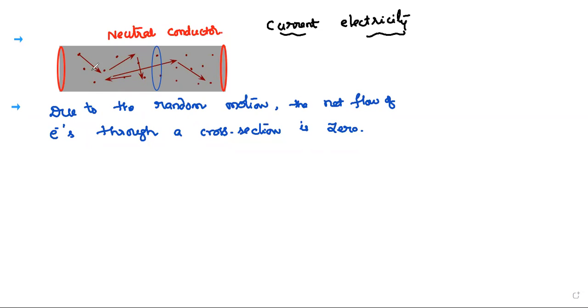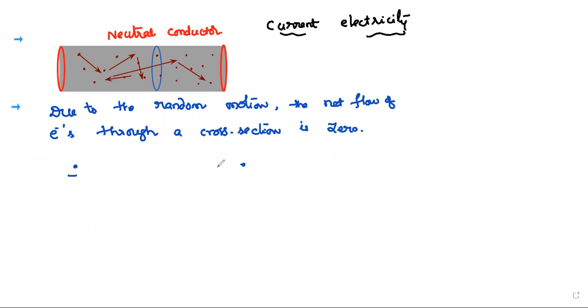That's why, to flow in one particular direction, what we are doing now is maintaining some potential difference. Why? Because in charges and fields we discussed, the charges are accelerated when you maintain a potential difference between 2 points.